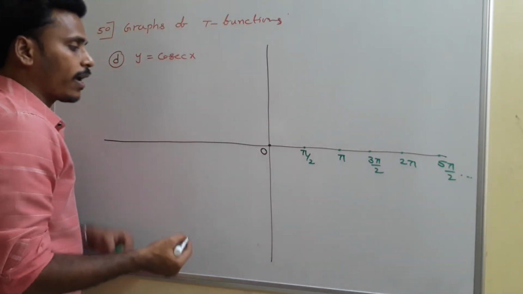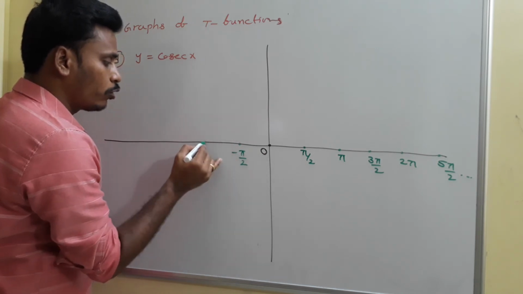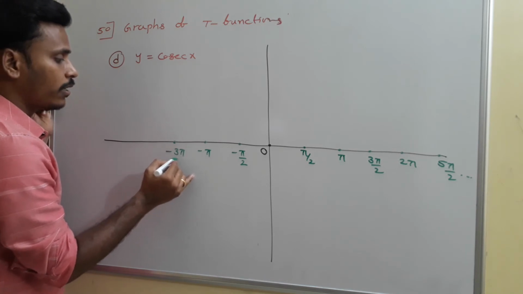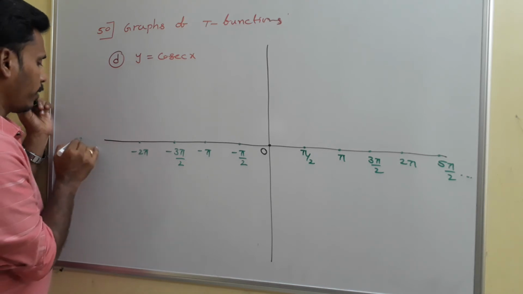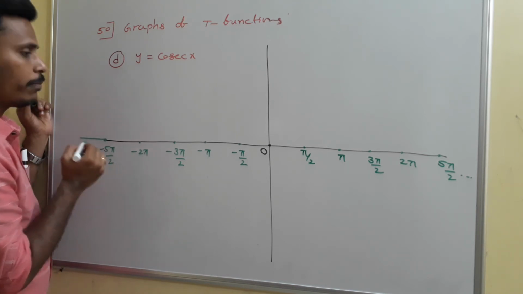Still you will get some more angles in that direction. And here it is minus pi by 2, minus pi, and then minus 3 pi by 2, and somewhere you will get minus 2 pi, and here it is minus 5 pi by 2.